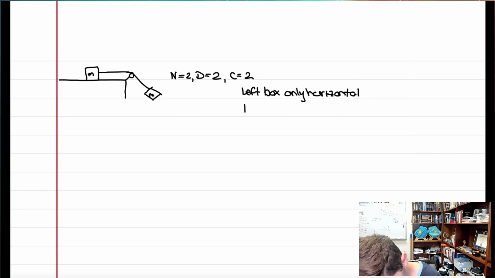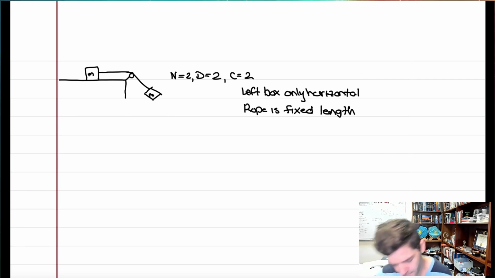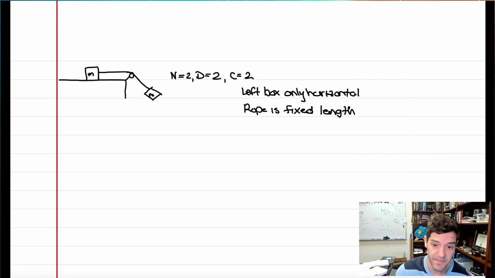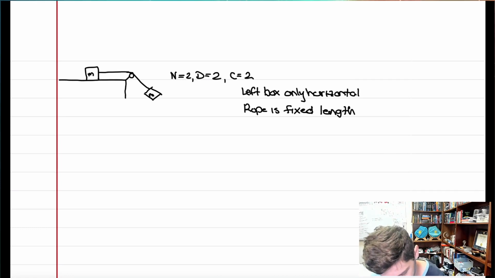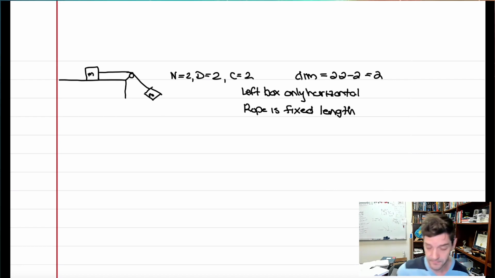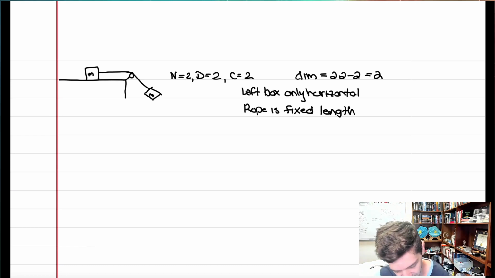And then the second constraint is that the rope is a fixed length. So there is a relationship between the positions of the two boxes. So the dimensionality I expect to be 2 times 2 minus 2, or 2. I should be able to write everything in terms of 2 coordinates.